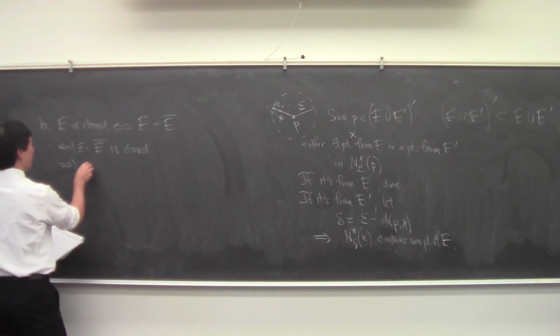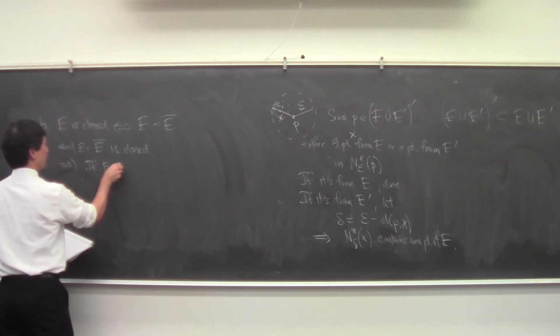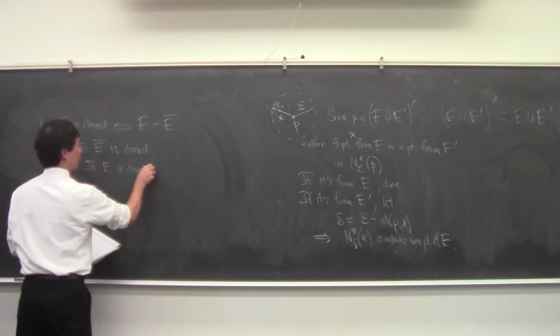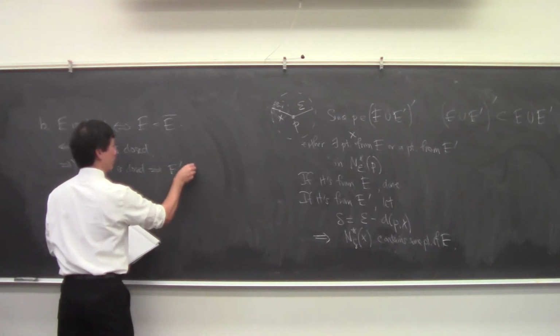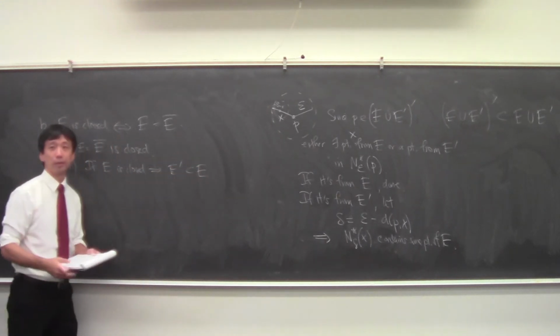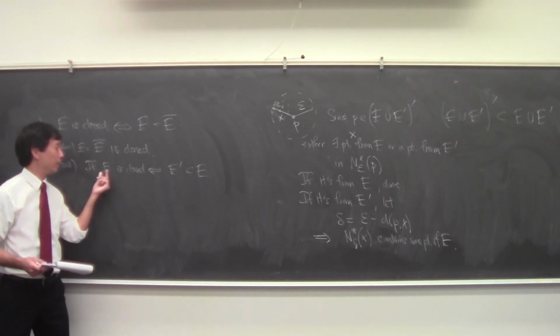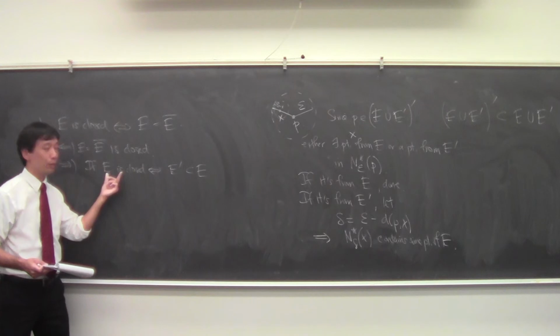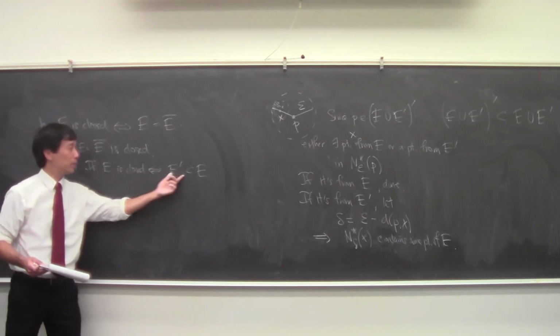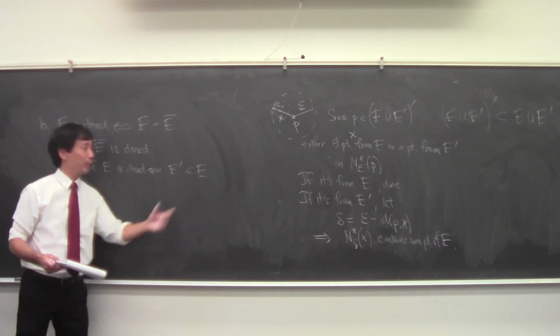If E is closed, that means that the limit points are contained in E. That's what being closed means: E contains its limit points.